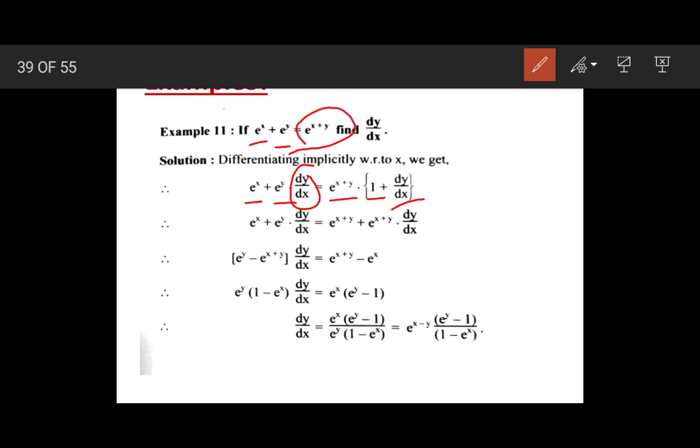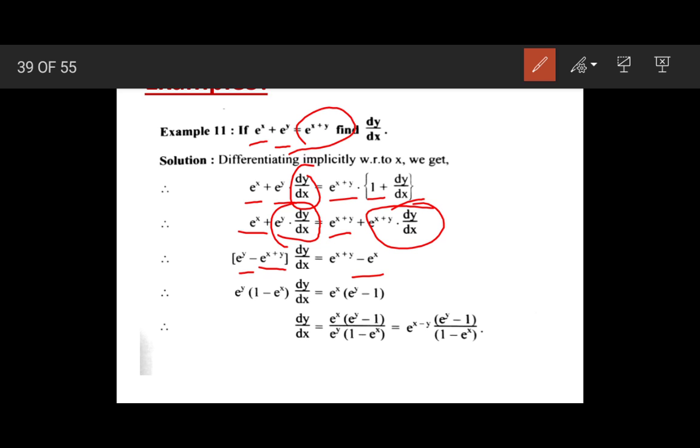Now we are going to collect the dy upon dx terms on the left hand side. So this term remains on the left hand side and this term will go to the left hand side, right? So by taking dy upon dx common we get (e raised to y minus e raised to x plus y) equal to e raised to x plus y minus e raised to x.